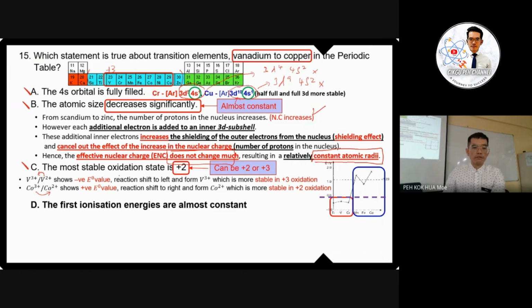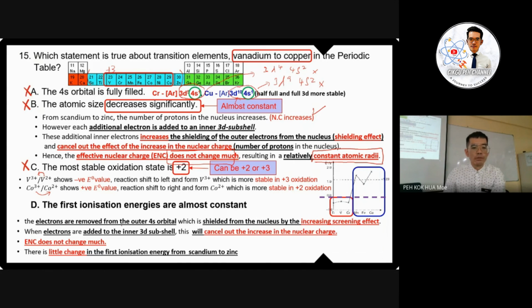And then the last, D: the first ionization energies are almost the same. So this one will be correct, since the other three are already wrong. The statement for D is almost the same explanation as B, which is also regarding the nuclear charge shielding effect.